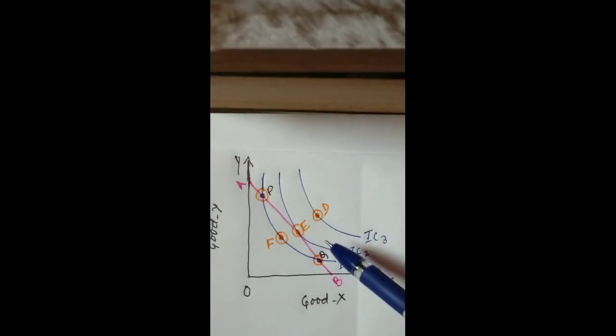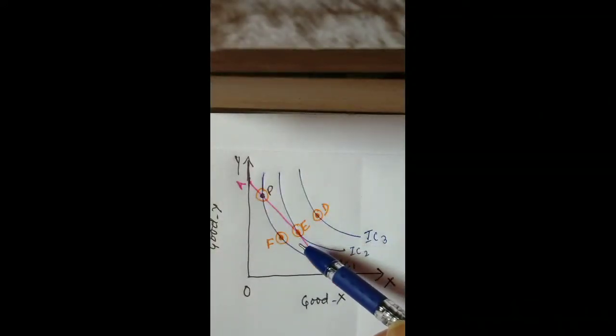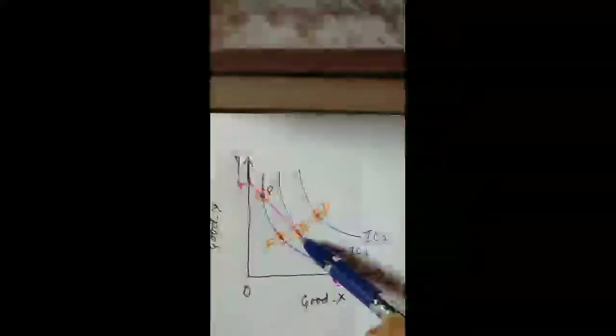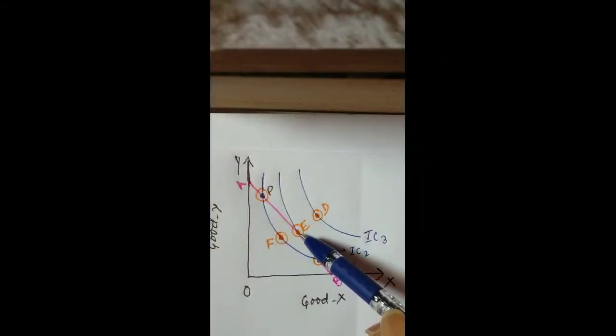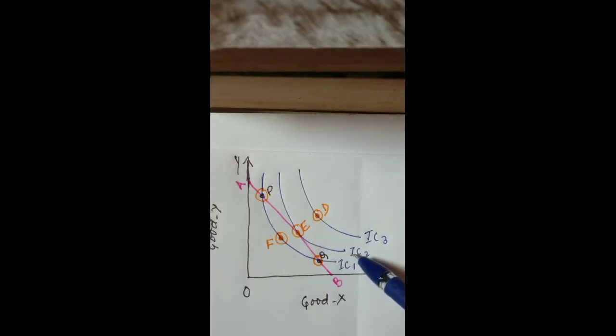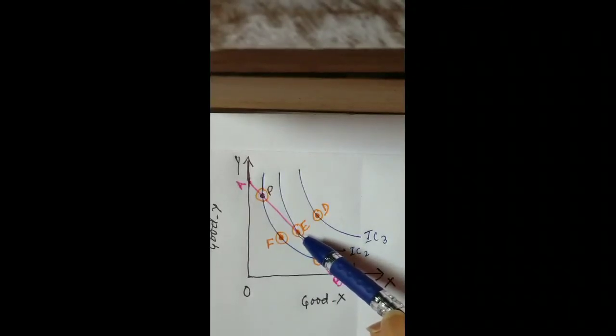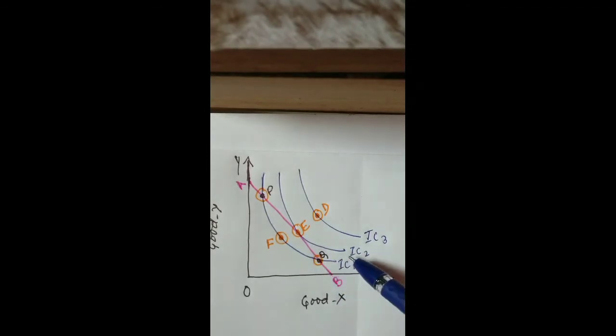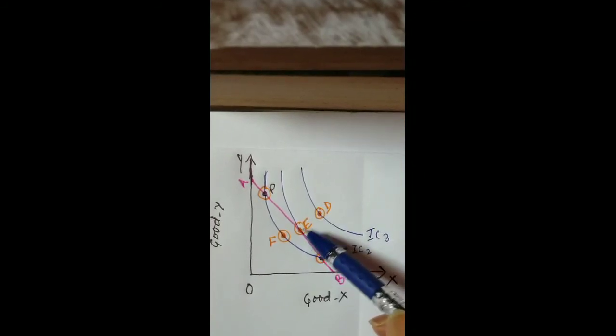Now the highest indifference curve here with a point on the budget line is the one the budget line touches, that is IC2. Now at point E, the indifference curve IC2 is touching the budget line.